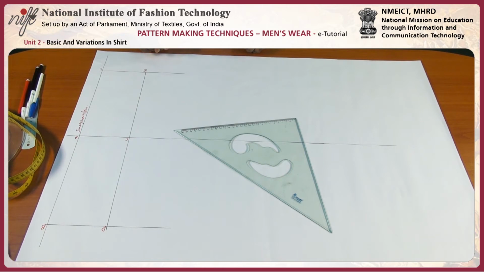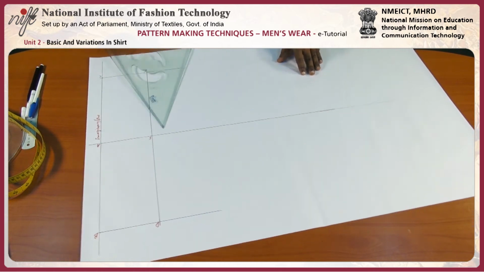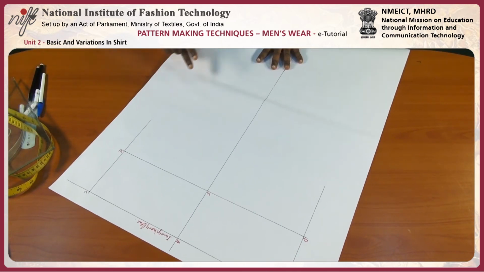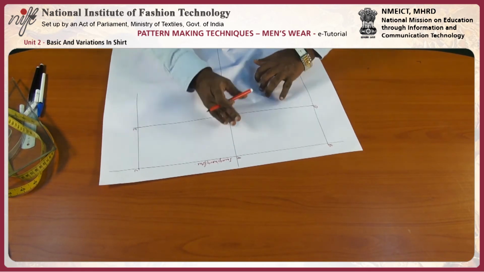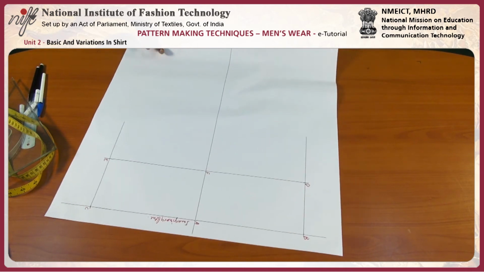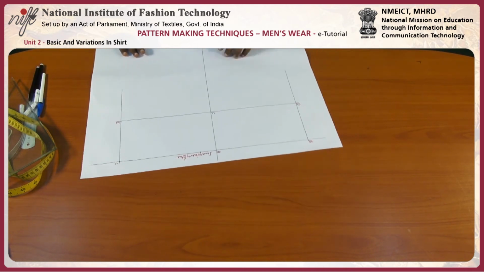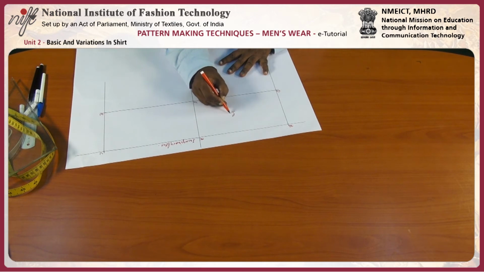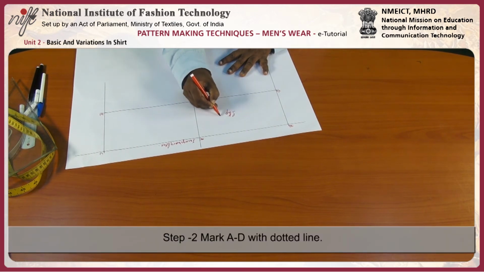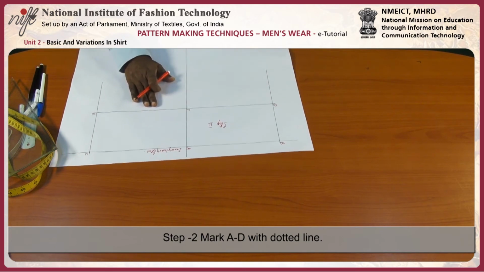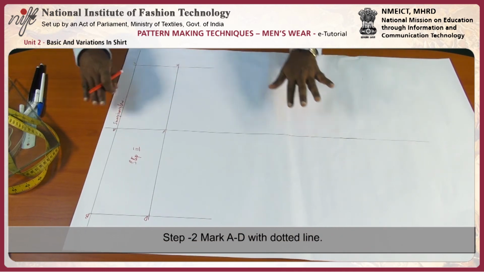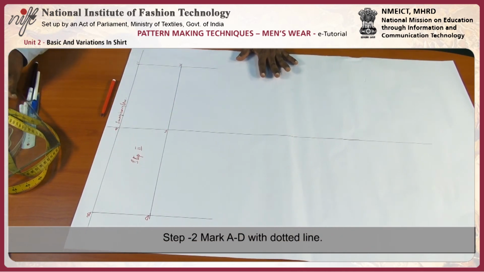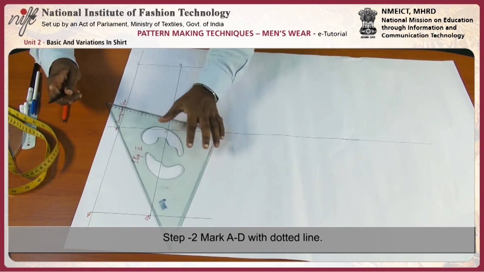Now let us proceed to step 2 from step 1. Join AD with dotted line.